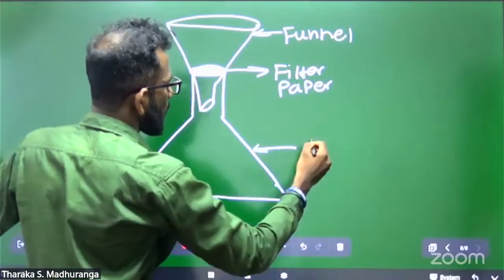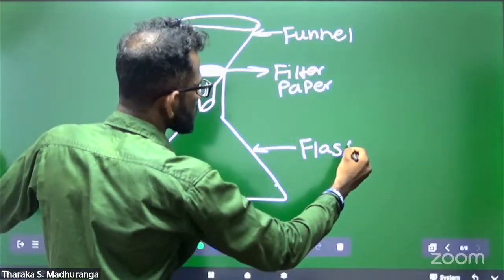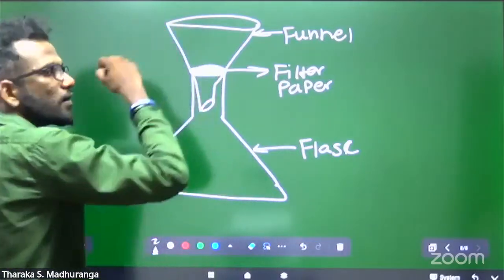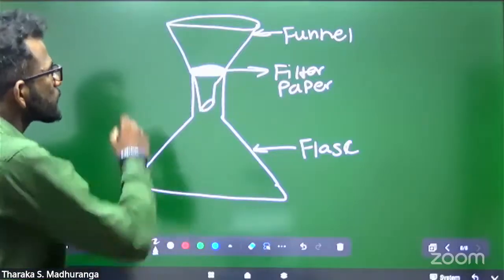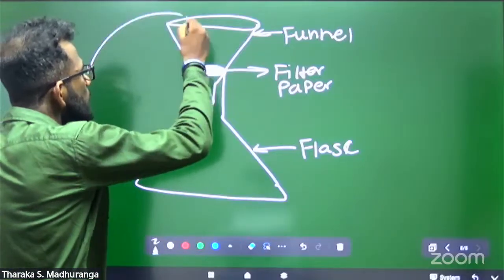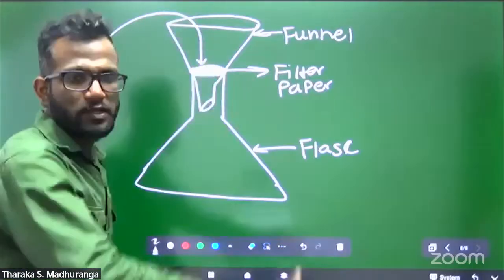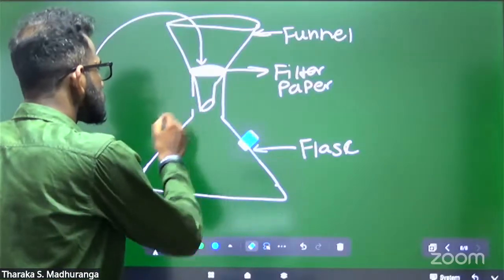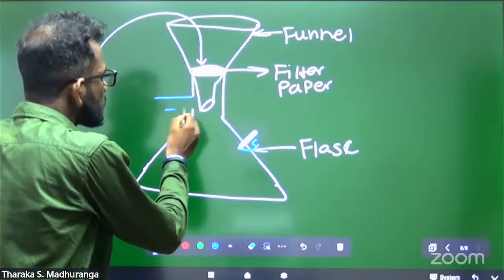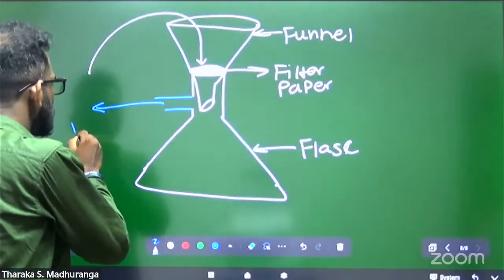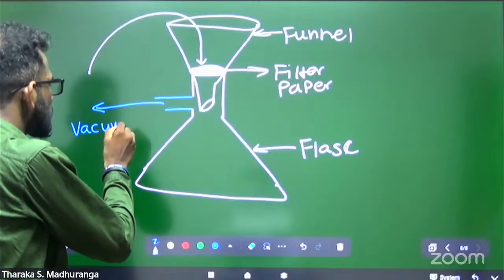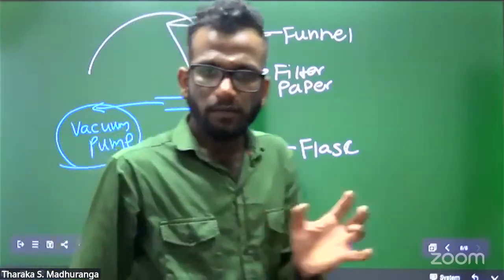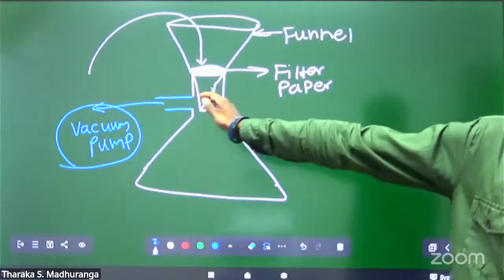This is the flask, and this is the crude product after the cooling process. After removing charcoals, we need to add it onto the filter paper. And we connect a vacuum pump to this filter system.